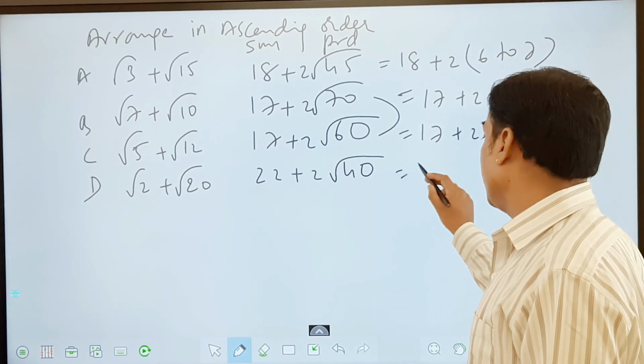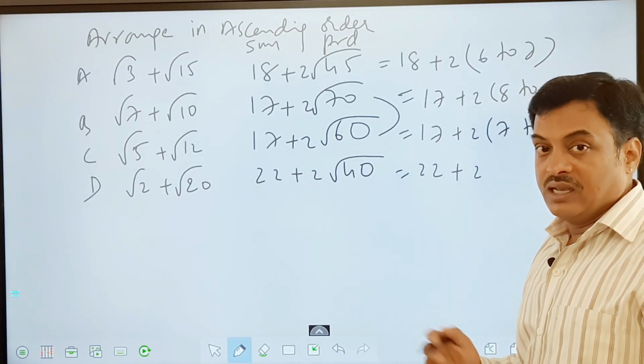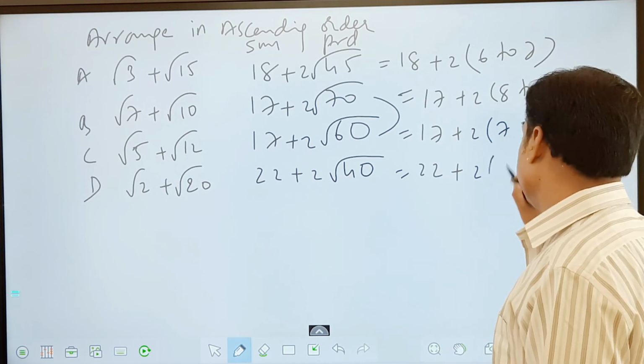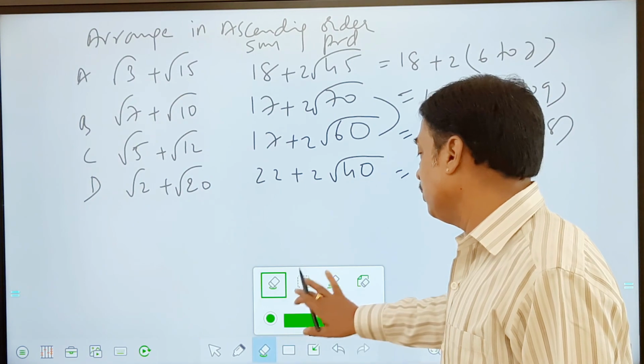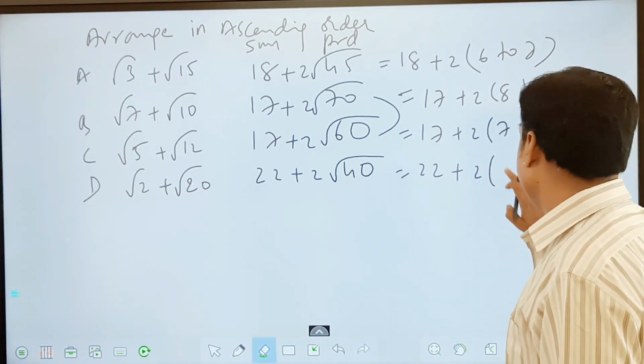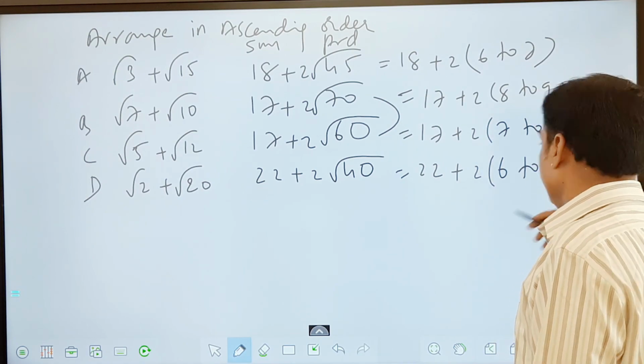And finally, this is 22 plus 2 into root 40, which lies between 36 and 49, that is, I'm sorry, 6 to 7. Fair enough?